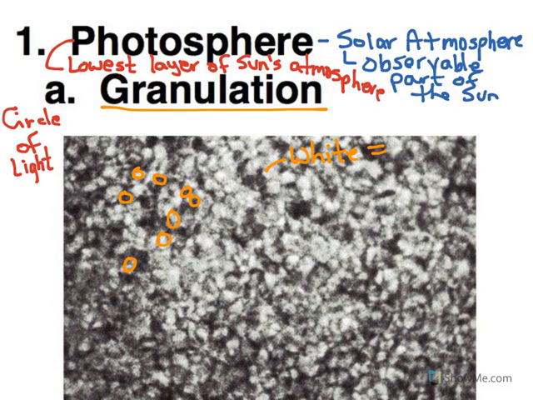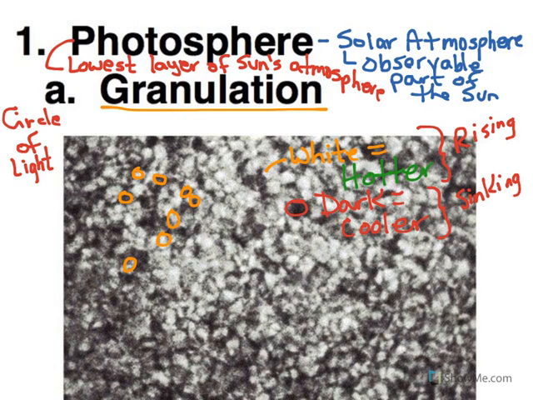And what we are seeing is that the white parts are where it is hotter. That color is not showing up well, neither is the green. Let's try red. The dark parts are where it's cooler. And what's happening is the hot material is rising and the cool material is sinking.